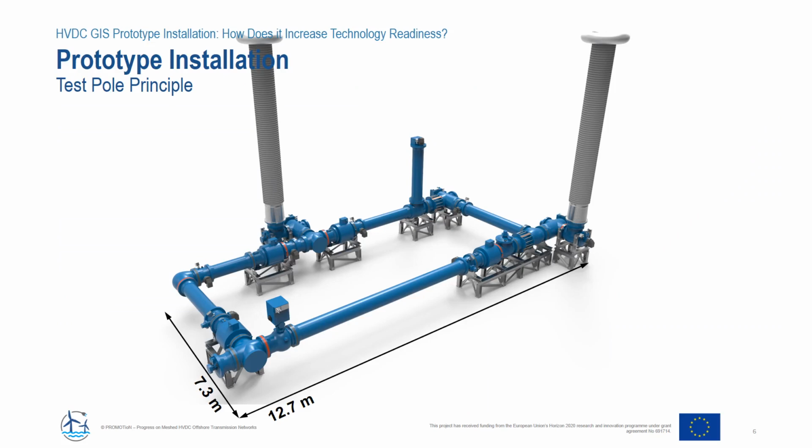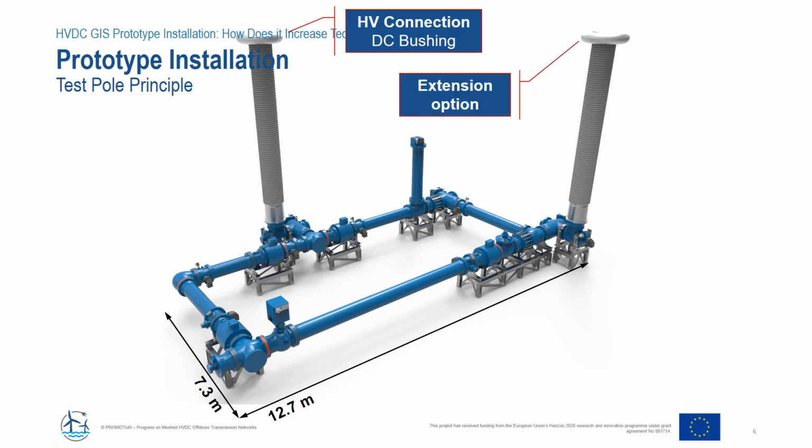The test pool itself looks like this. This is a rather large GIS ring with two SF6 to air bushings. These bushings are used to connect the high voltage from the test lab with the test pool itself. We have a second bushing to do some extended tests where we test the voltage withstand of an open disconnector gap.